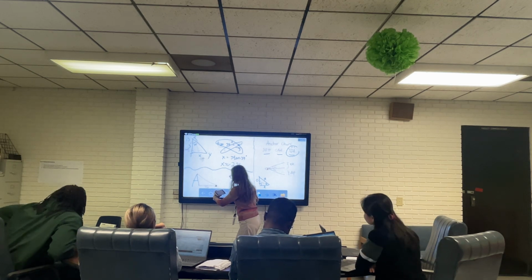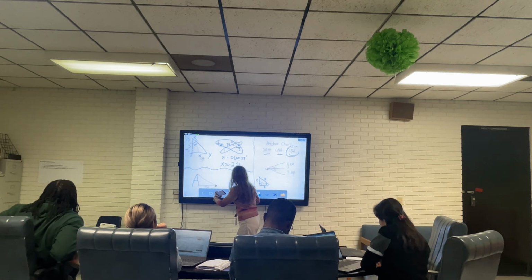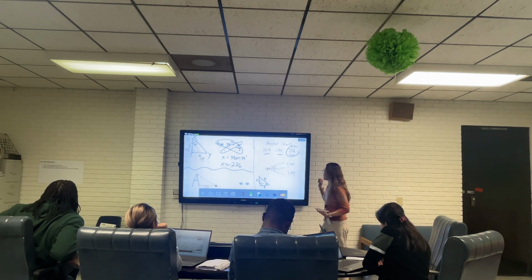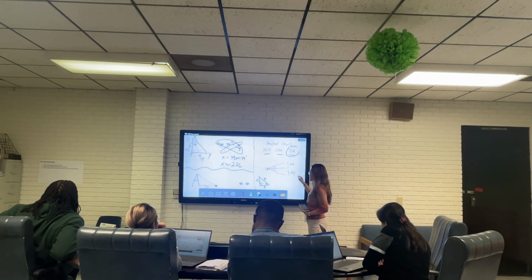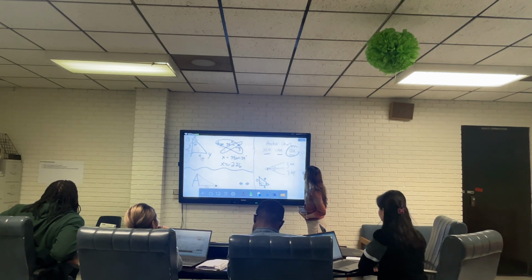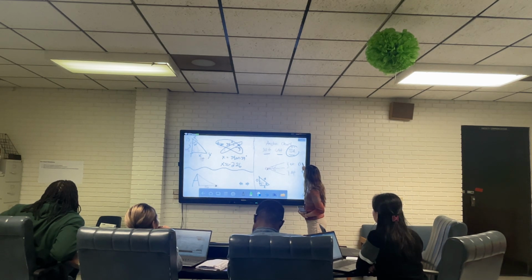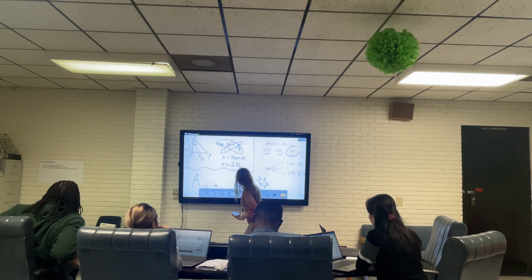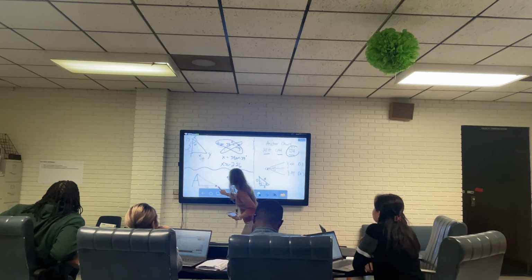And then it says angle of elevation. Since we are dealing with 2 angles, elevation and depression, which one do you think is the angle now? Elevation, going from the bottom to the top.